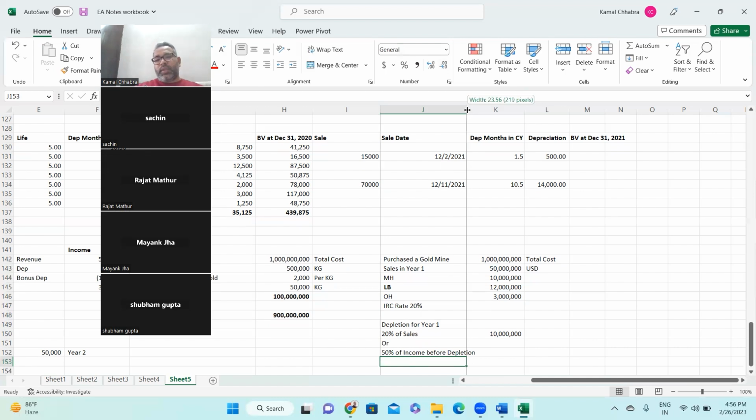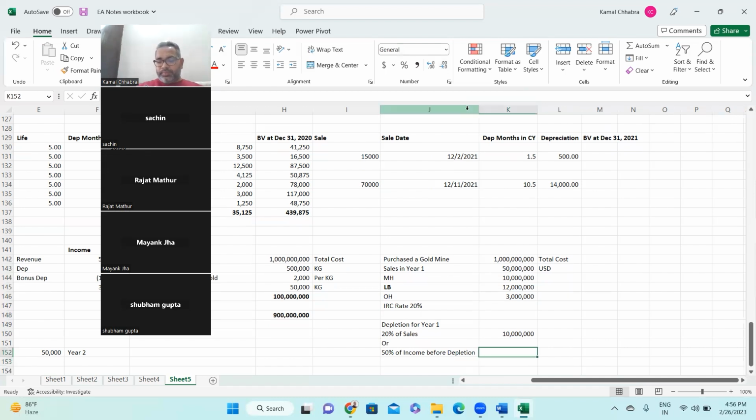The total income is sales minus manufacturing cost, minus labor cost, minus overhead cost. Then you take 50% of that, which is $12.5 million.